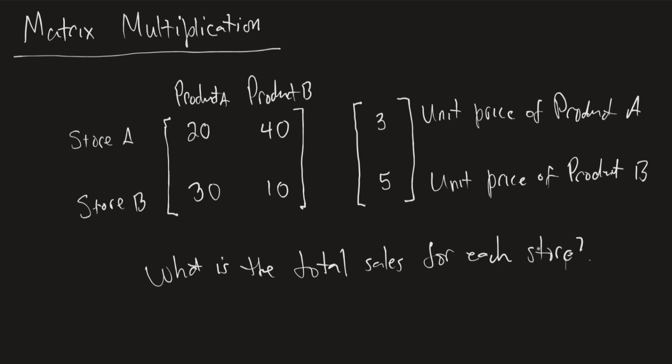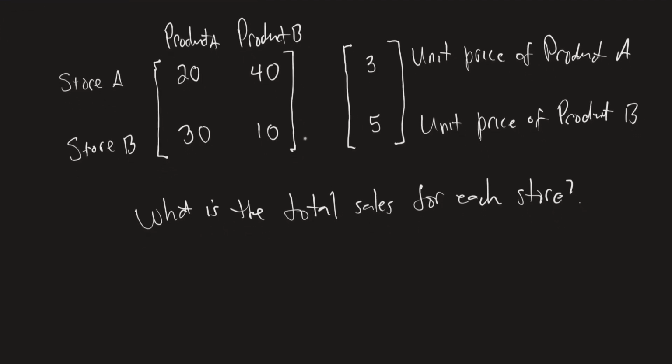For store A, it sells this amount of product A at a price of $3 per unit, and it sells this amount of product B for $5 per unit. If I wanted to store this information in a new array, somehow I would have to figure out a way to multiply these two.